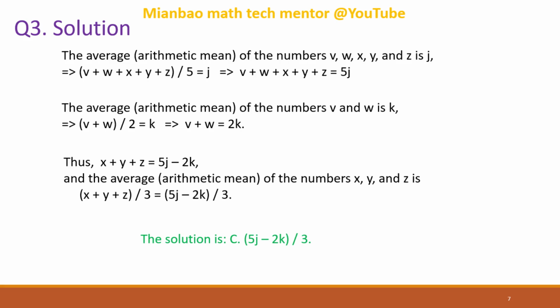The average of the numbers X, Y, and Z is (X plus Y plus Z) divided by 3, equal to (5J minus 2K) divided by 3. The answer is C.